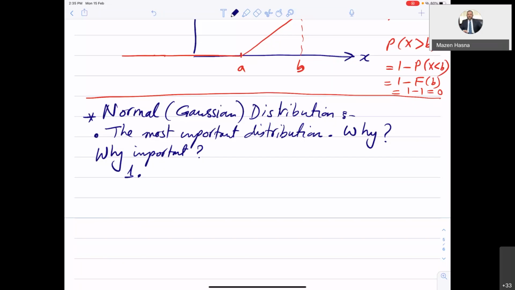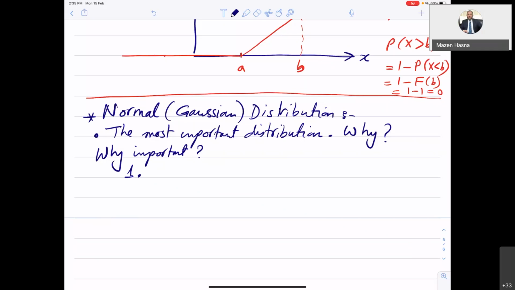We have very few students who are really overweight, and few students who are really underweight, and most of the students are in the middle, around the average weight of people. Same for heights, and same for many of the natural phenomena. That's how Allah has created us.